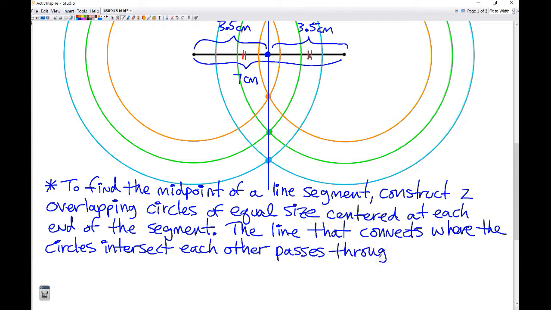In other words, i.e., the midpoint. That would be the point in the middle of the line segment, the midpoint of the original line segment.